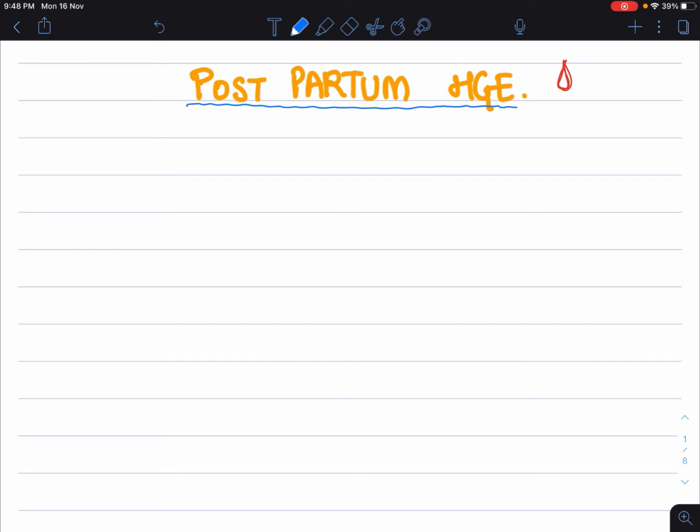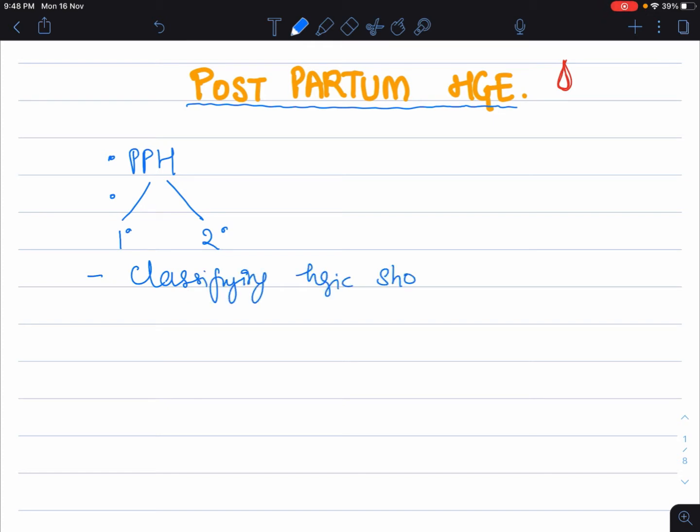So how will we be dealing with this topic? We'll be going in parts, that is, first of all, what is PPH? What is the definition? Then we'll be dividing it into primary and secondary. What are those? We'll be classifying the hemorrhagic shock.